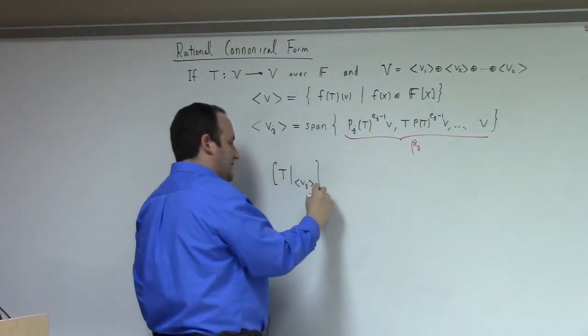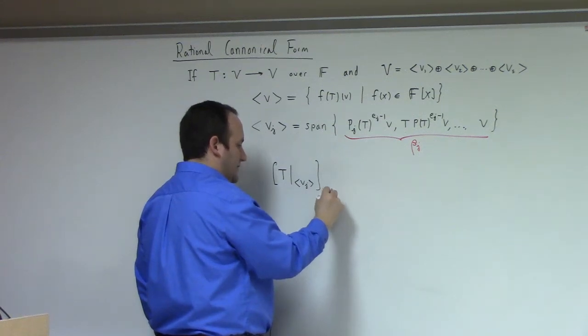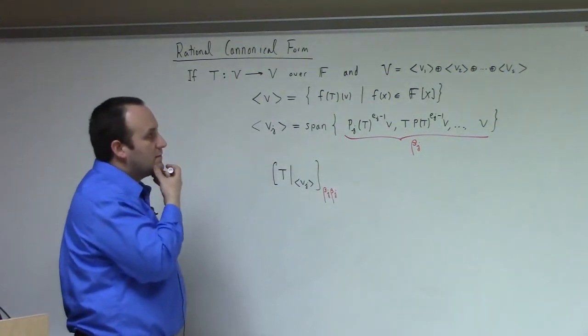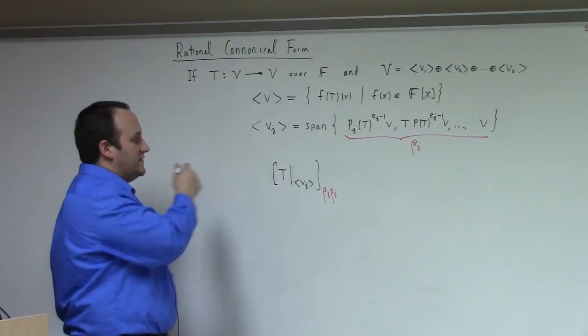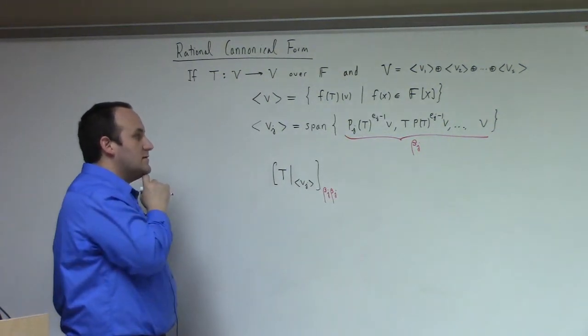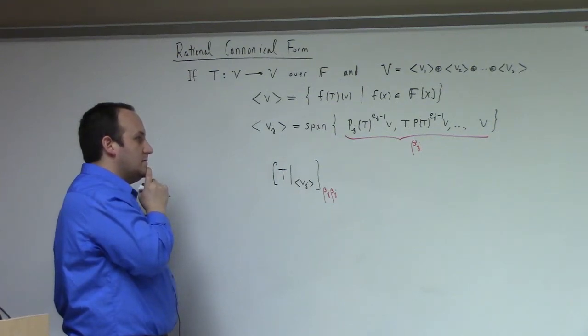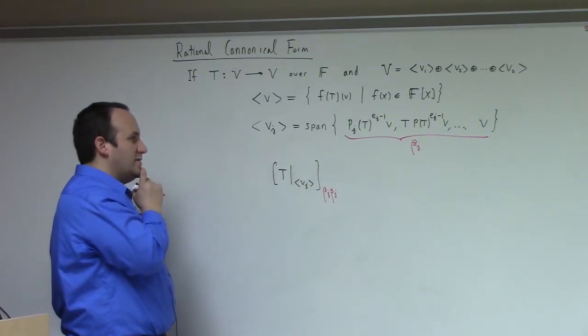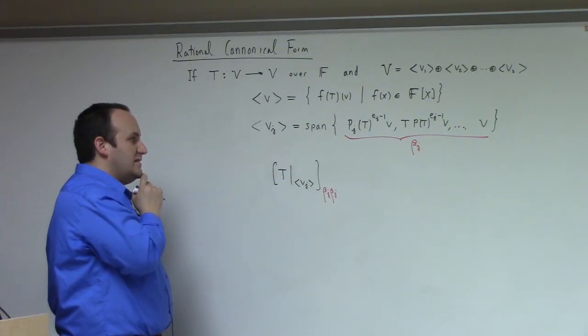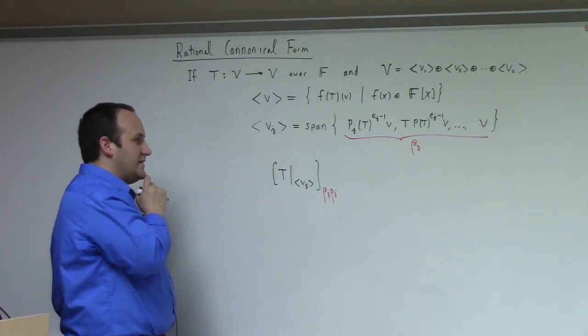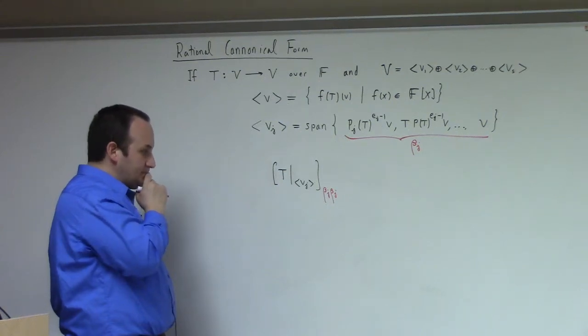If you look at the matrix of this with respect to the beta j basis, what's the dimension of this thing here? I think it's the order of the polynomial p times the e_j, if I remember right. So it's like d_j e_j, or something like that.